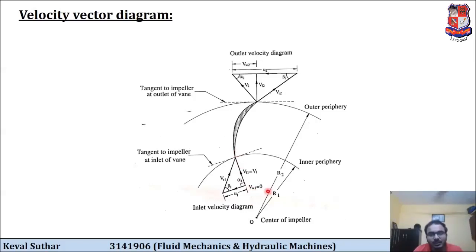So VW1, the tangential component of absolute velocity, is 0 at the inlet. And here we have the outlet velocity diagram. The nomenclatures are as before. U1 is the blade speed, VR1 is the relative velocity, VF1 is the flow velocity, V1 is the absolute velocity at inlet, VW1 is the tangential component of velocity, alpha 1 is the flow angle, and beta 1 is the blade angle, and similarly we have this nomenclature at the outlet.